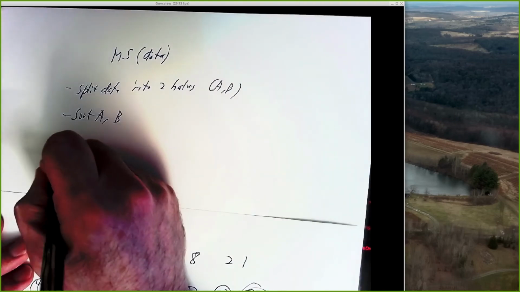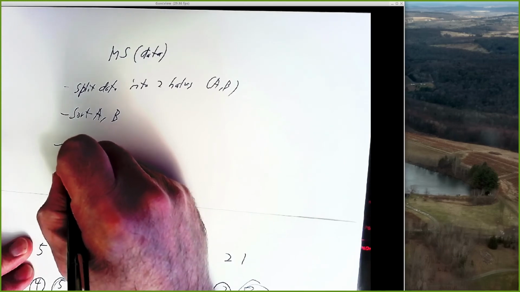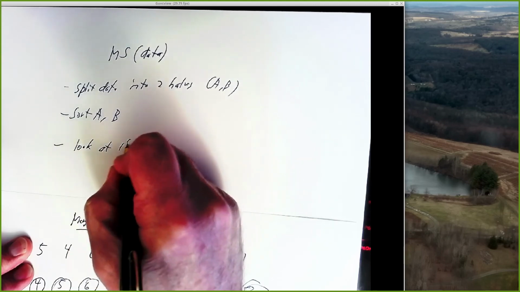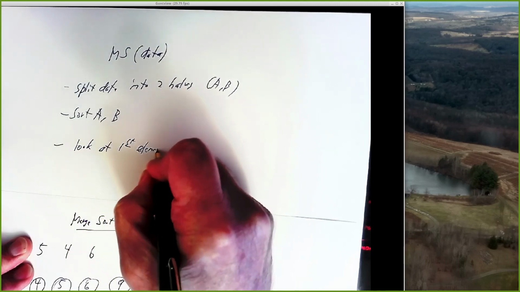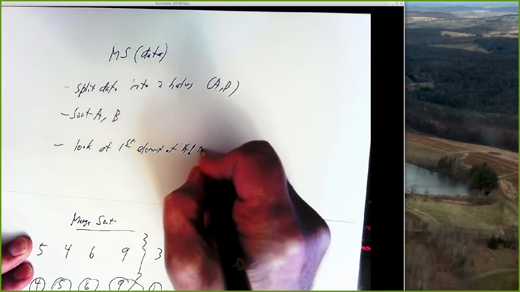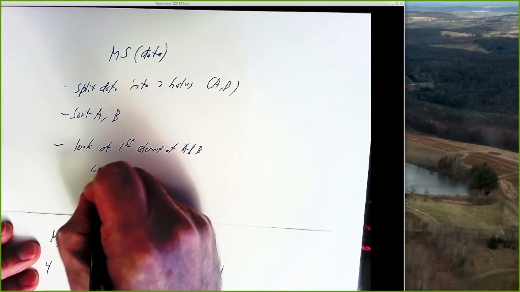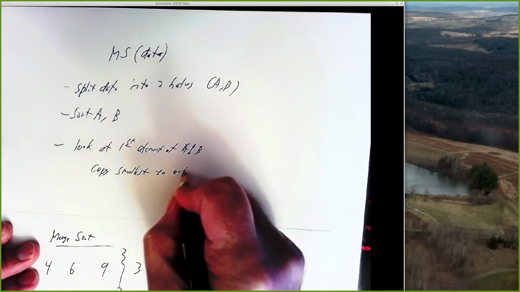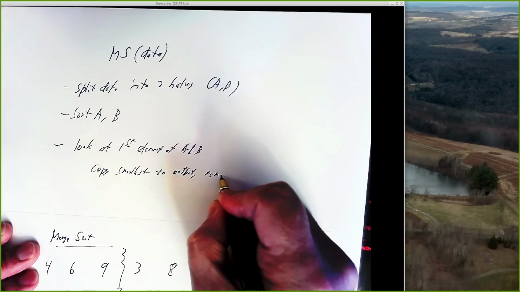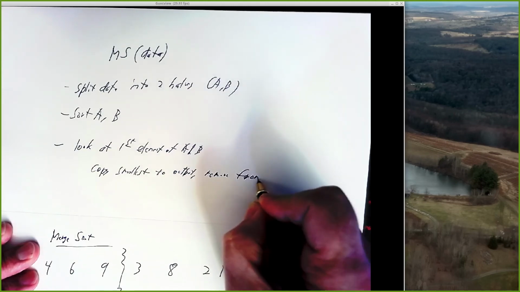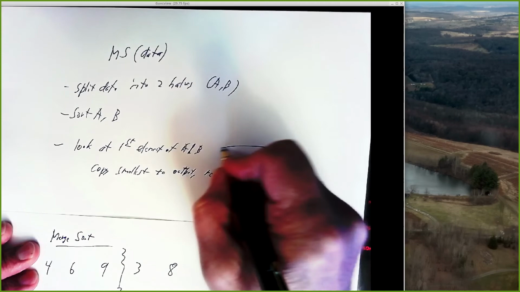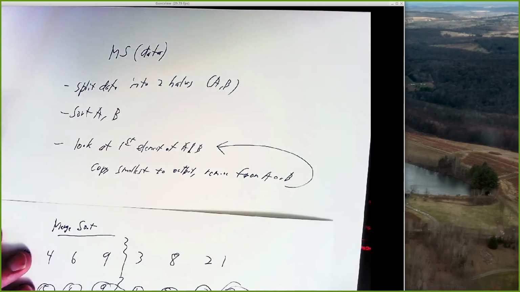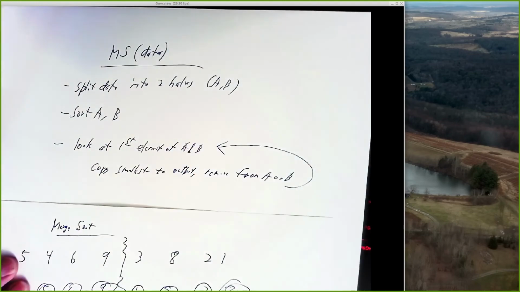And then look at first element of A and B, copy the smallest to the output, and remove that one from A or B. And just do that until you've cleared out A and B. And that will leave you with sorted data.